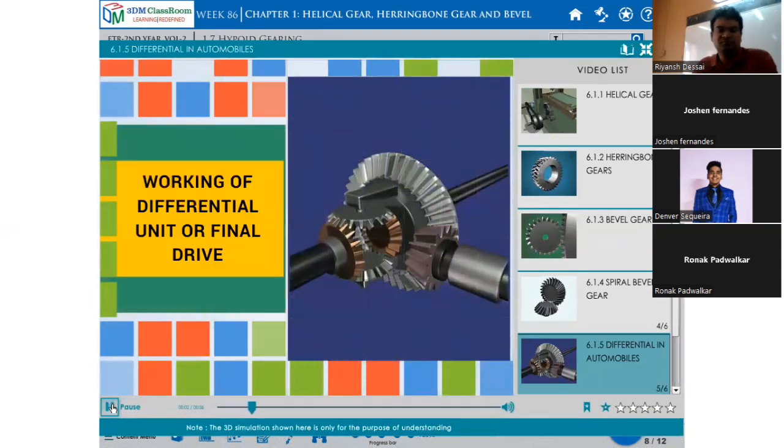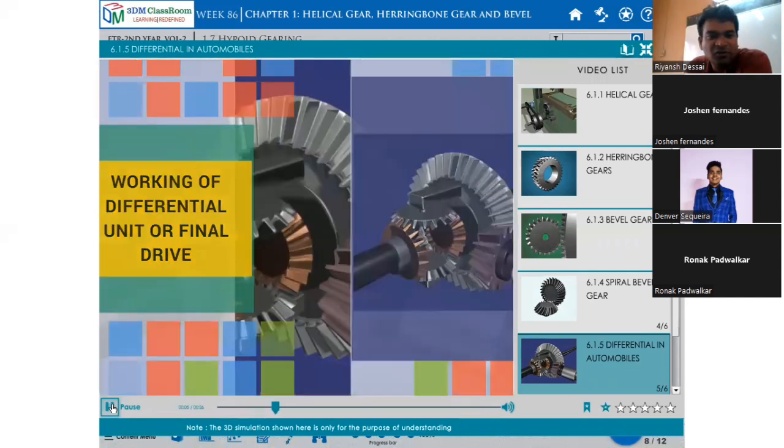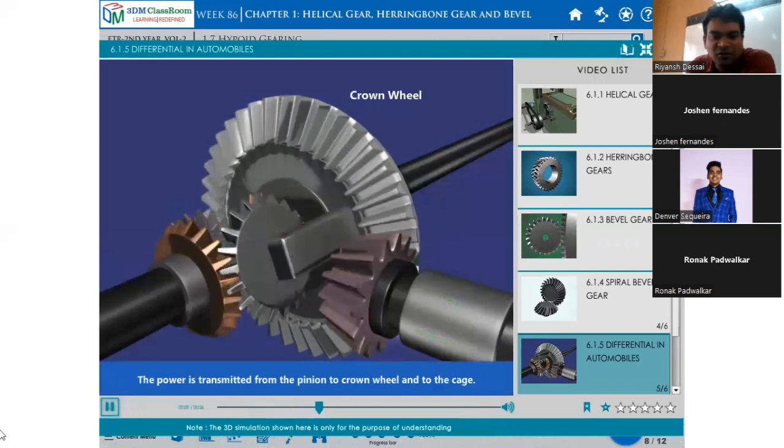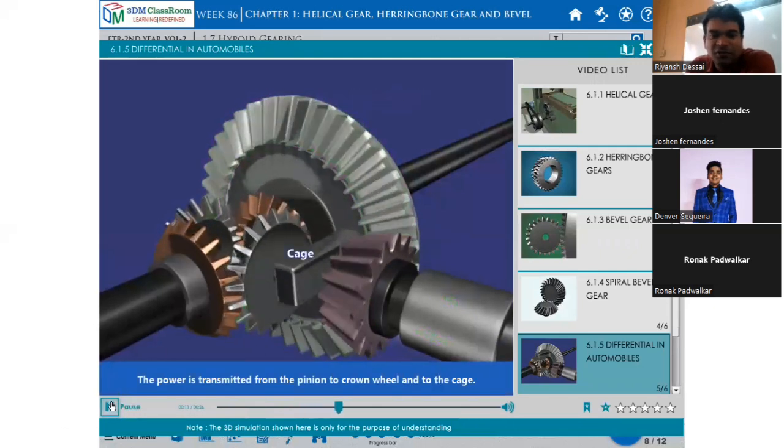Working of the differential unit. Power is transmitted from the pinion to the crown wheel and to the cage. This shaft is rotated from the main engine gearbox. After the gearbox, the shaft comes here with so much torque, and it is attached to this pinion.